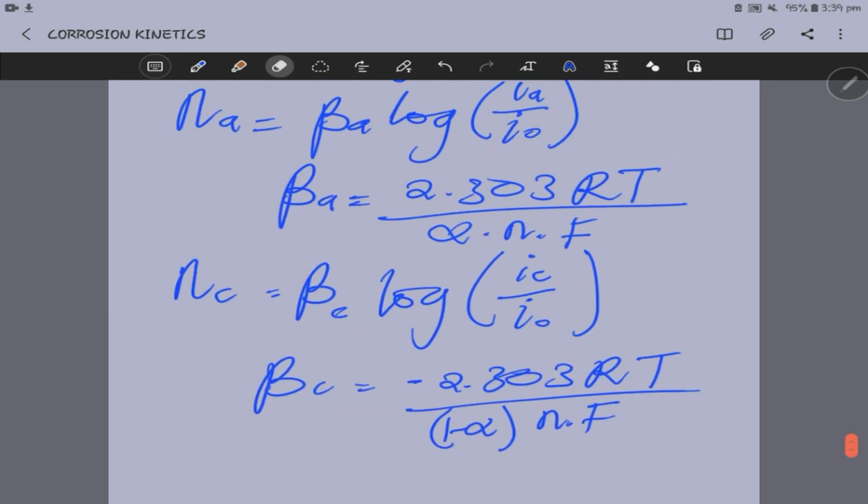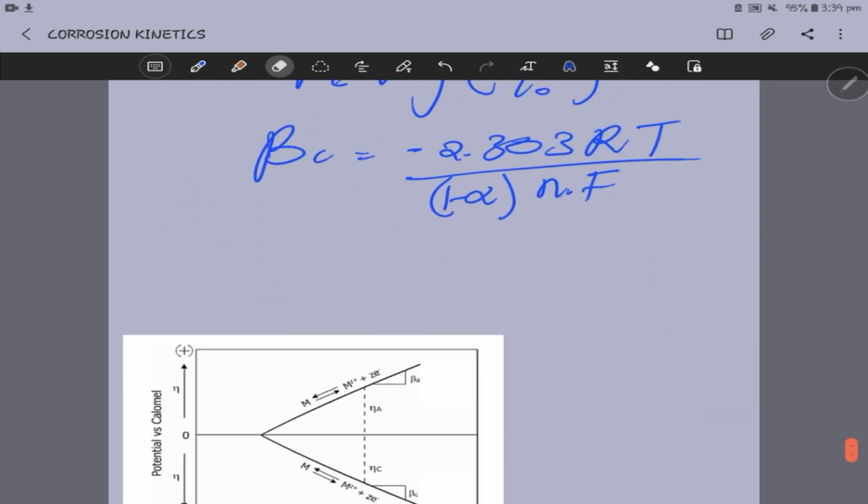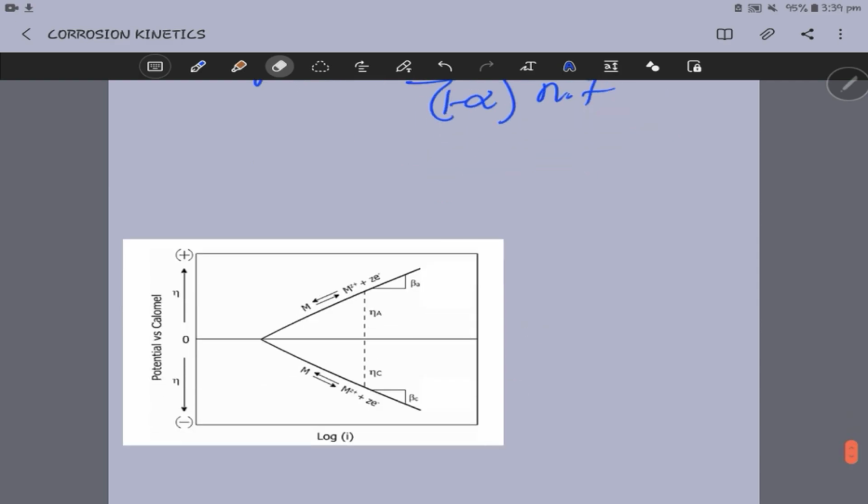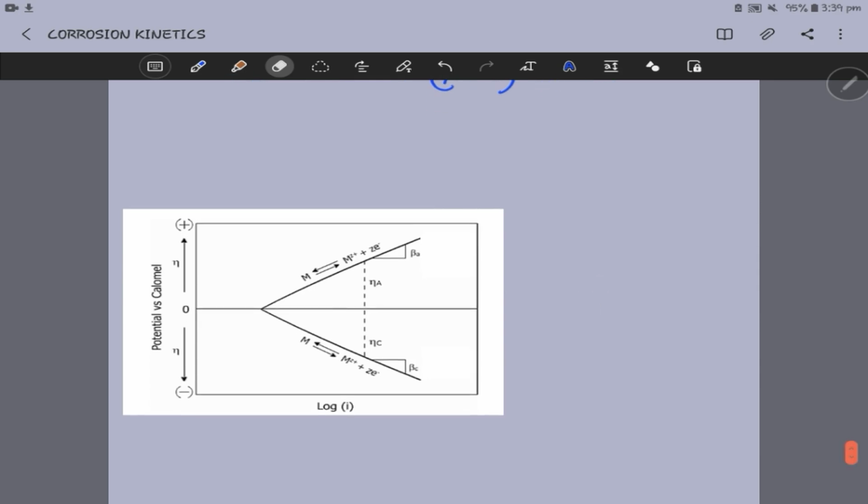But one thing that happens is that when such an experiment is performed, we get values from these. We've seen what's happening over here already. When we plot these lines, there's an intersection point. Here is the log of current density, and here is the potential. When we bring this down, we get what we call the I corr, which is the corrosion current density.